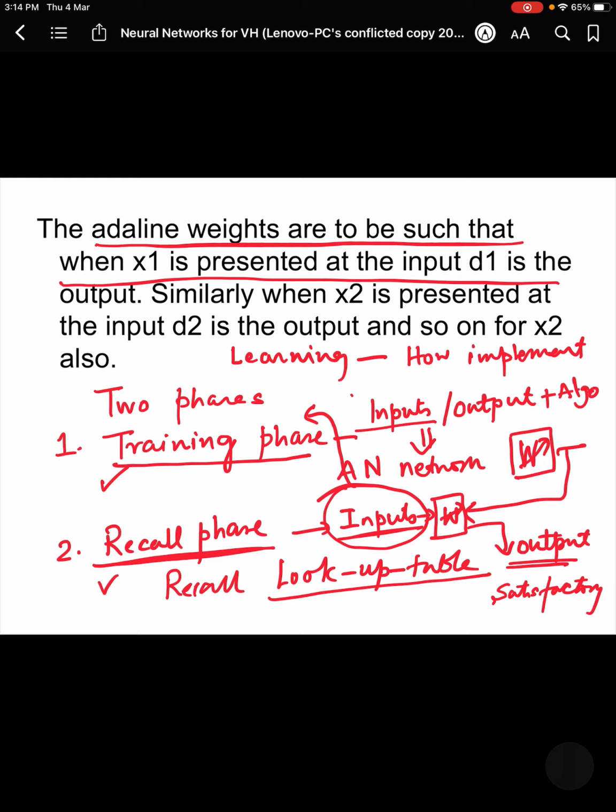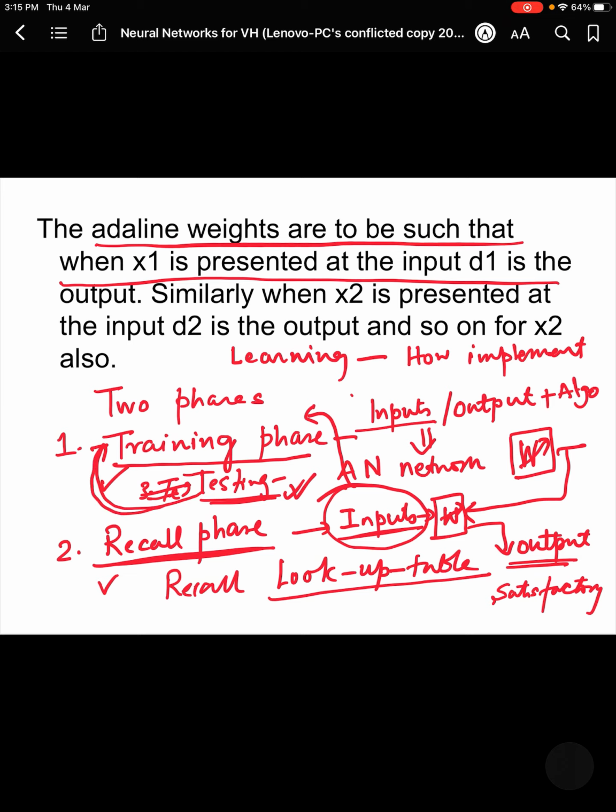There can be an intermediate phase, which we can call the testing phase. Some people put that in the training phase only. The testing phase is essentially a recall phase in which, if the network is not performing well, then we change some parameters of the network, such as the number of neurons or the type of neuron, and it is trained again. So testing is essentially a recall phase to see the performance of the network.